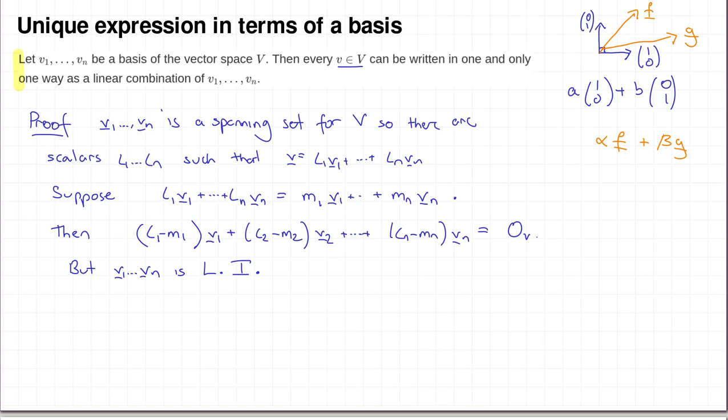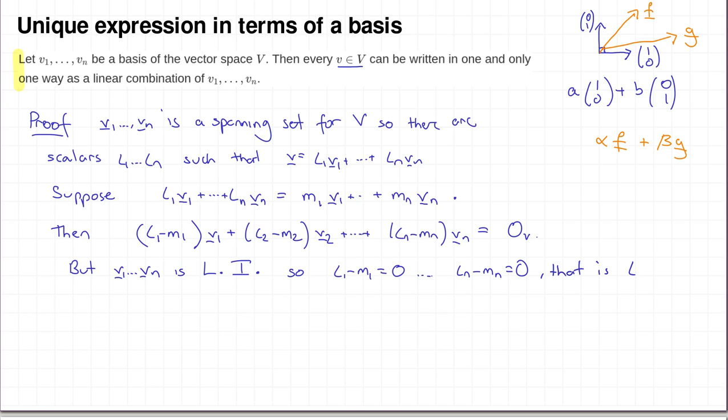If you've got a linearly independent set, then the only linear combination equal to the zero vector is the linear combination where all the scalars are zero. So it must be that L1 minus m1 equals 0 and L2 minus m2 is equal to 0, and so on.